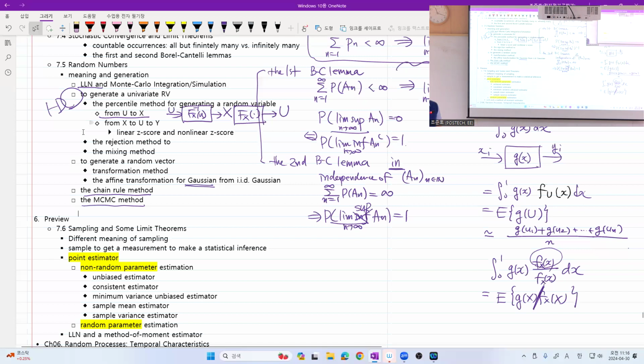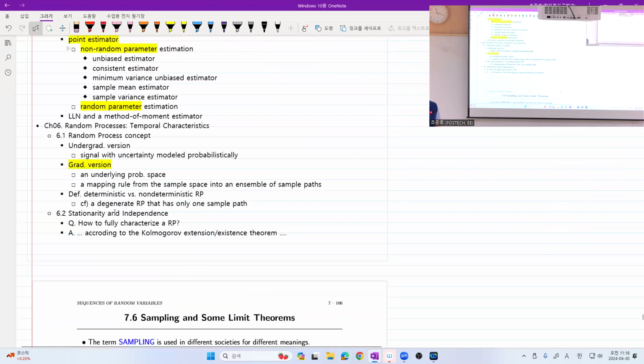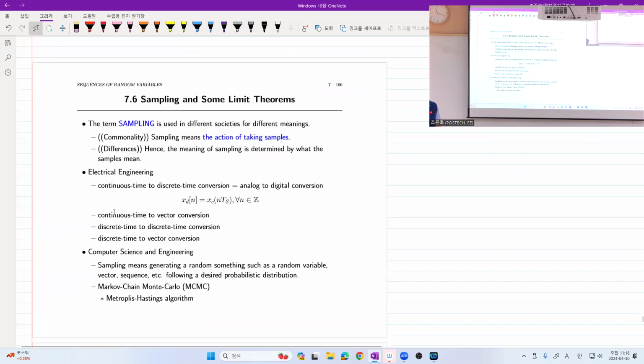And as we will see in our preview, the Markov chain Monte Carlo method has a very famous algorithm called the Metropolis-Hastings algorithm. And you can find materials like Wikipedia or YouTube videos describing these things.